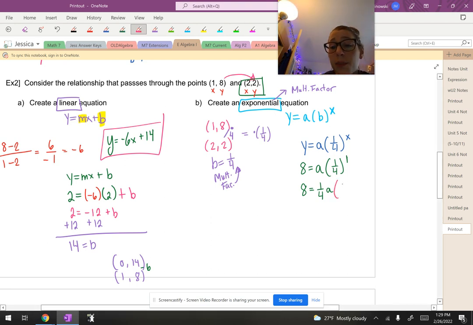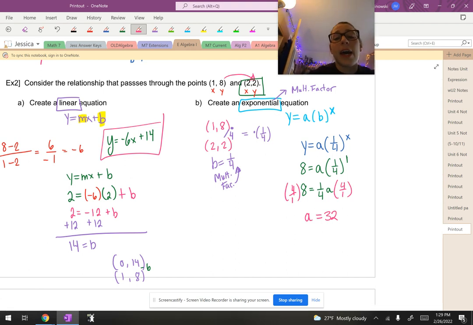I get rid of that multiplication by 1/4 by multiplying by the reciprocal, which leaves me with an a value of 8 times 4, which is 32. Which makes sense because if I'm working backwards here, from 2 to get to 8, I did times 4. 8 times 4 would give me that 32.